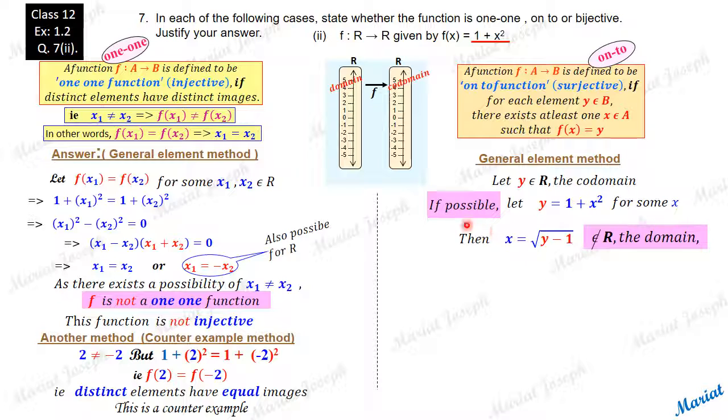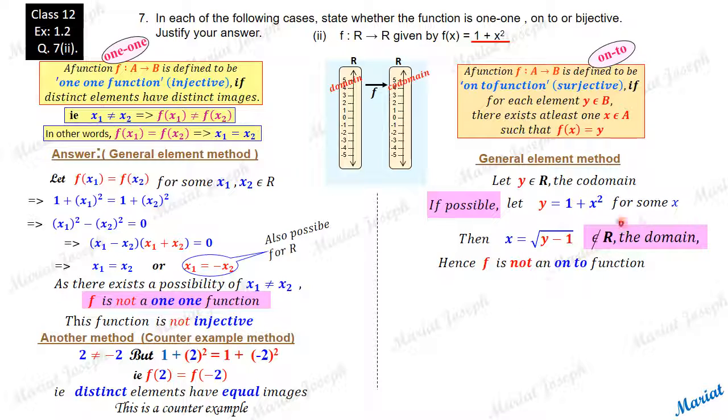So we started by saying if possible let it be so. Now we have to realize that it may not be possible for many numbers as y. It goes against the definition. Second stage we could not fulfill. Therefore, we conclude that the function is not onto function.